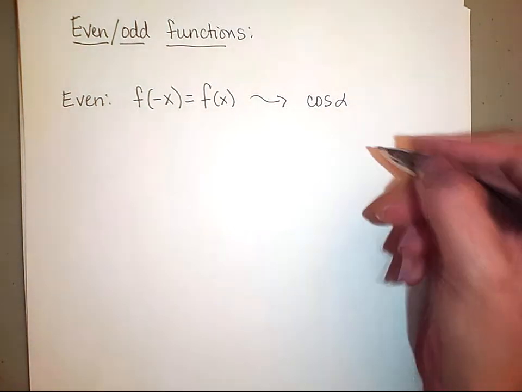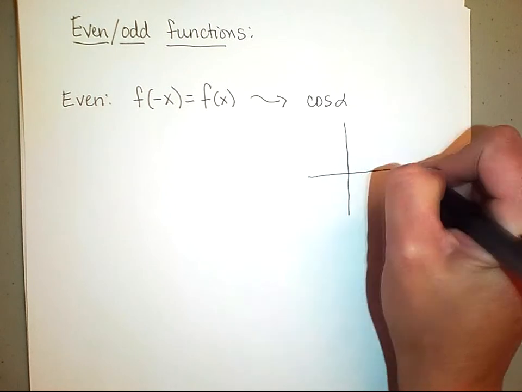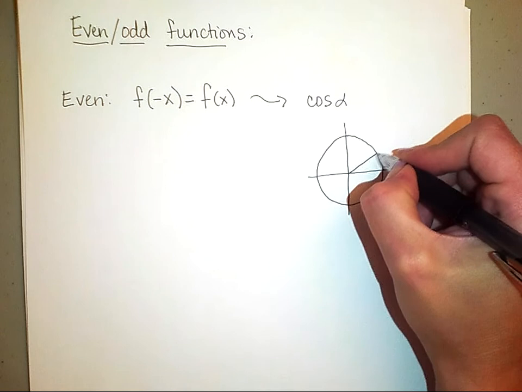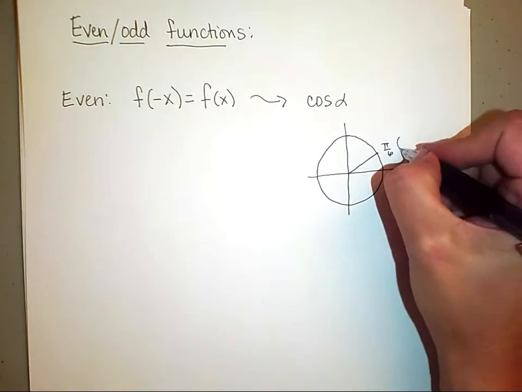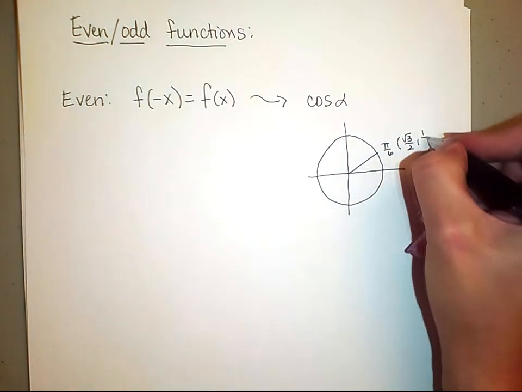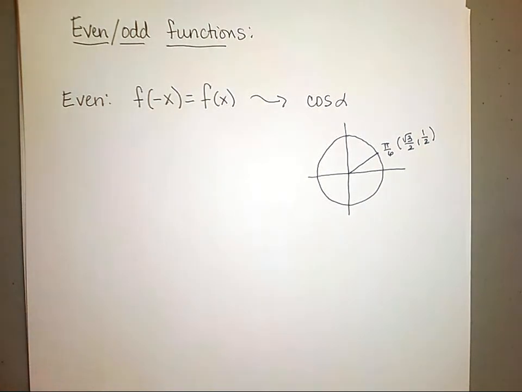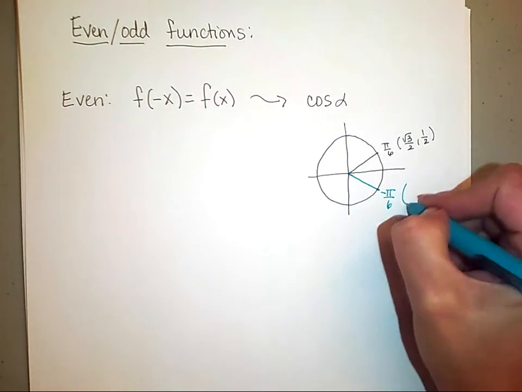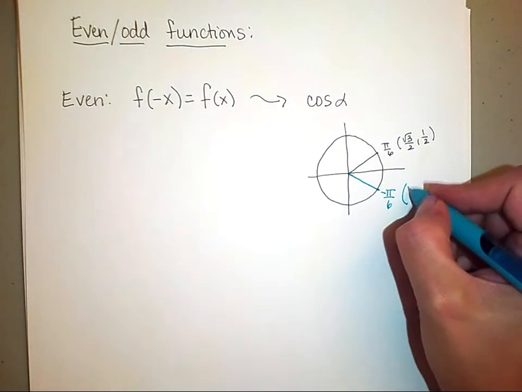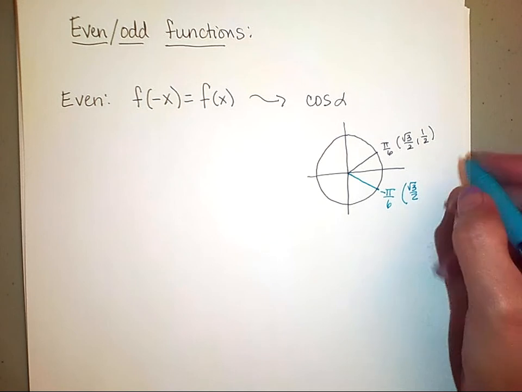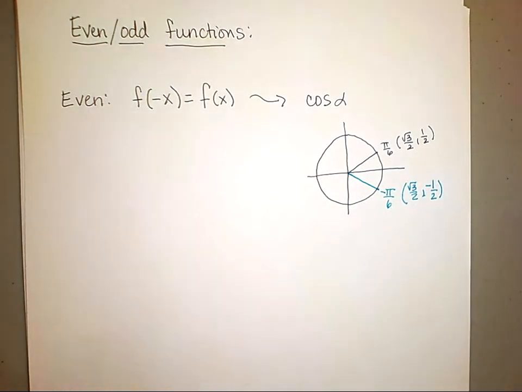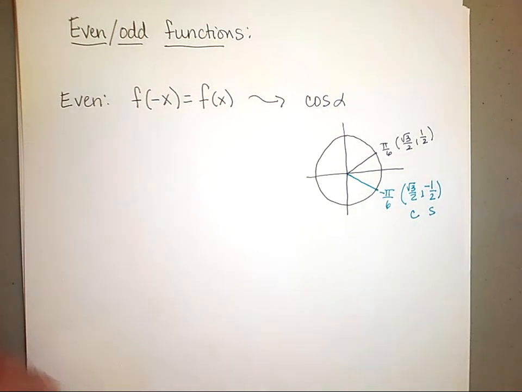Well, why would that be? Let's look again at pi over 6. We saw that that was square root of 3 over 2 and 1/2. We could also look at negative pi over 6, and this is square root of 3 over 2, comma, negative 1/2. Okay, so this is the cosine and this is the sine.